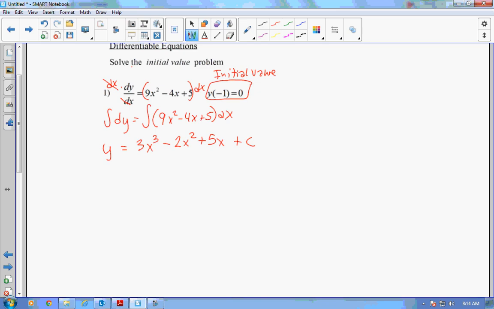Okay, now we have the initial value, so we're going to plug it in to find c. So we're going to plug in a point. What is the point we're plugging in? Yeah, the x is -1, the y is 0.